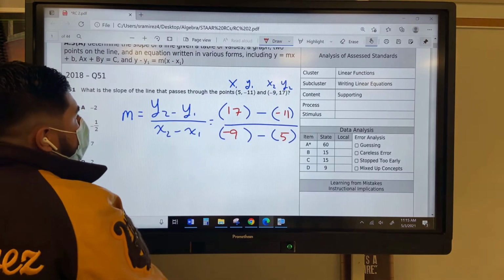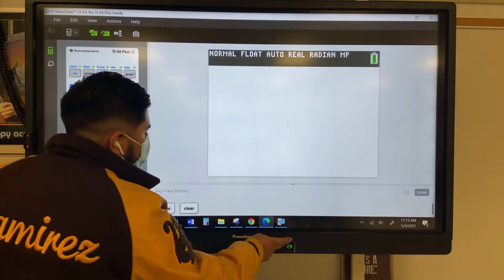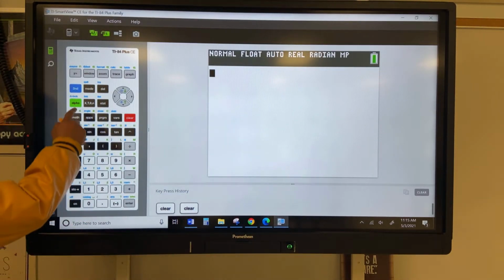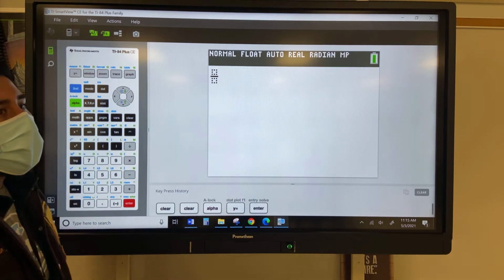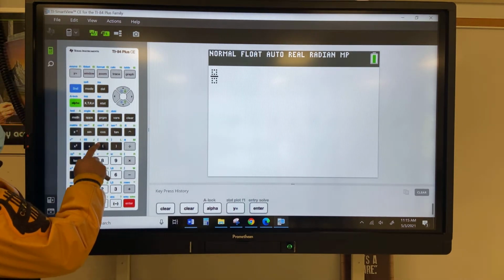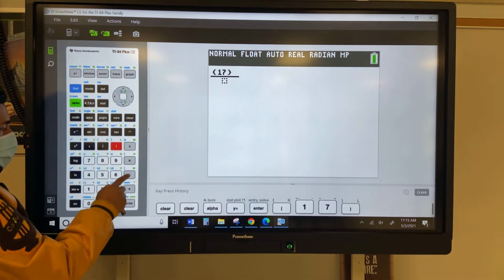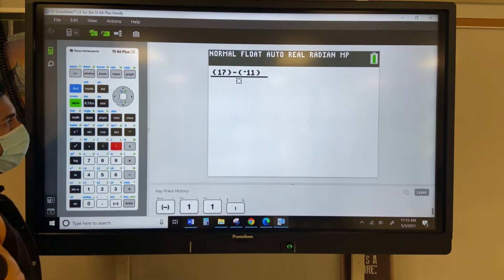Next I'm going to put that fraction in there just like that. How do I put a fraction? Alpha, y equals, enter. I have a beautiful fraction. Now we have to put parentheses exactly the way it was. Parentheses 17 minus parentheses negative 11.